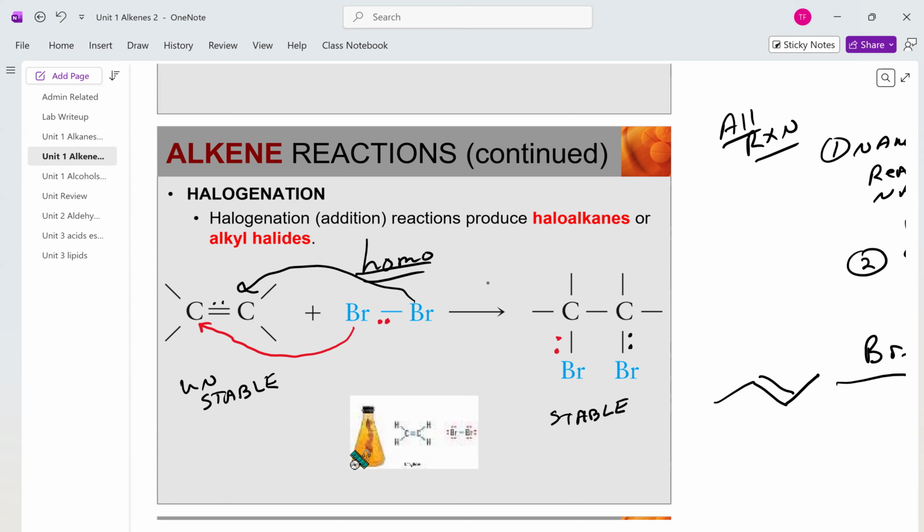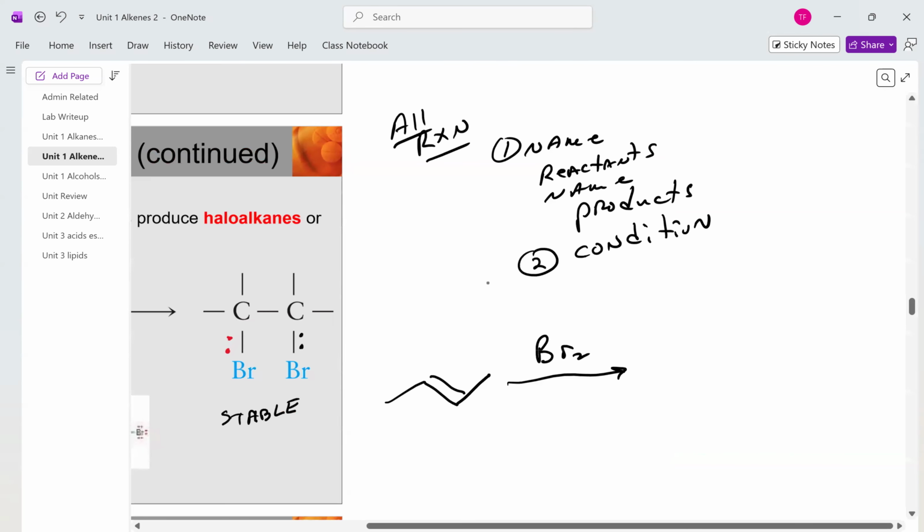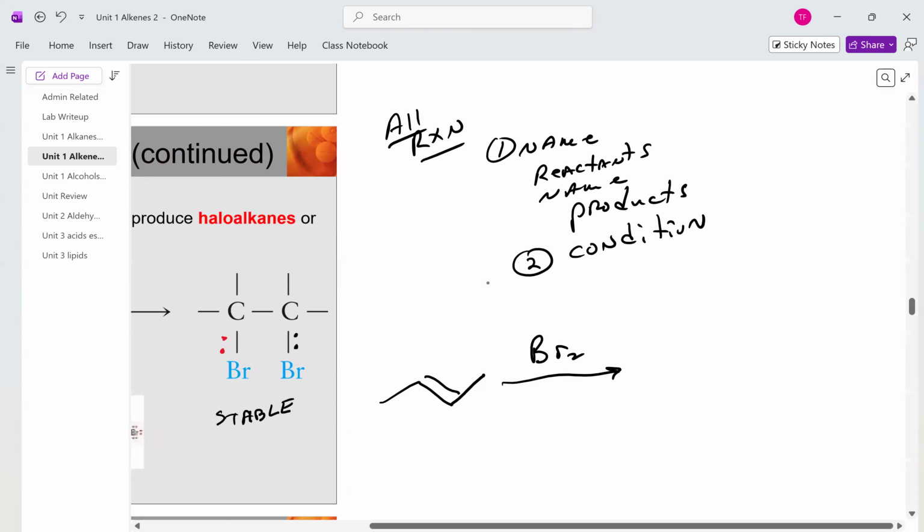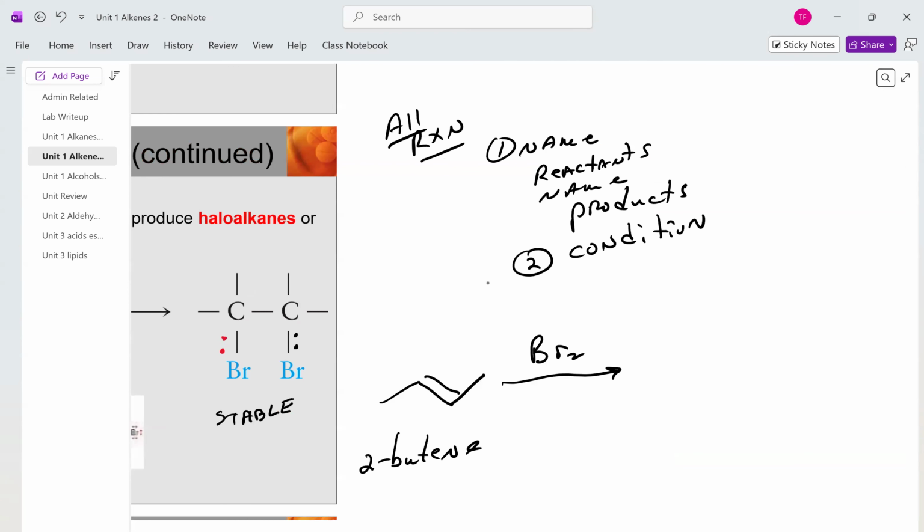Okay, so this is a natural process because we're going from unstable to stable. We don't have to add any heat, we don't have to add any catalyst, nothing. Okay, so this is going to be 2-butene. Conditions are, those are the conditions.